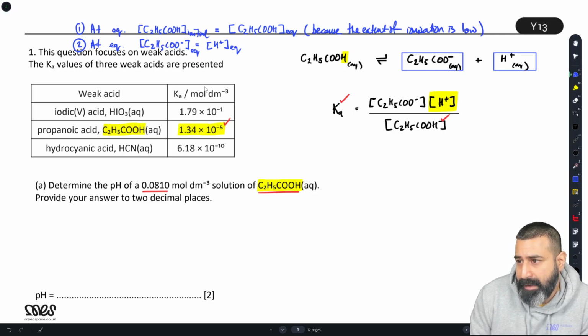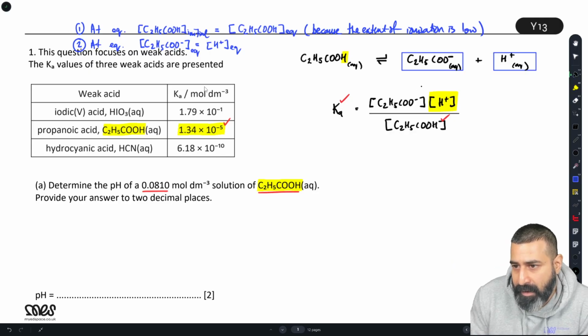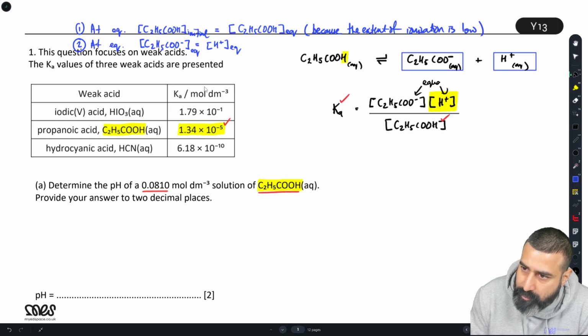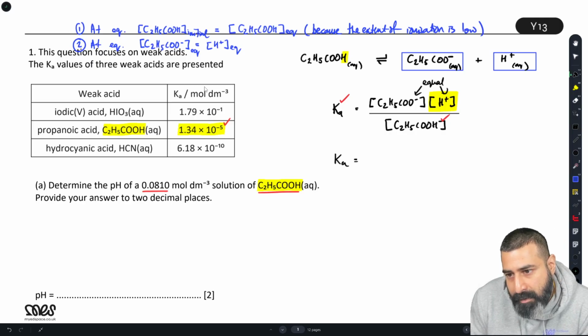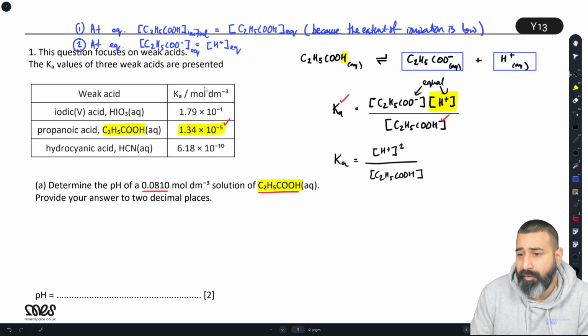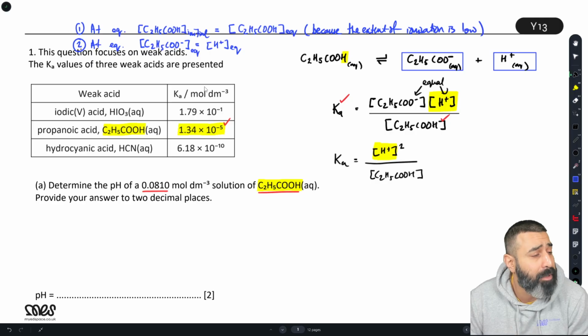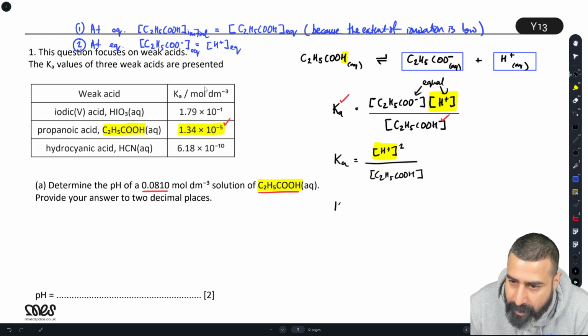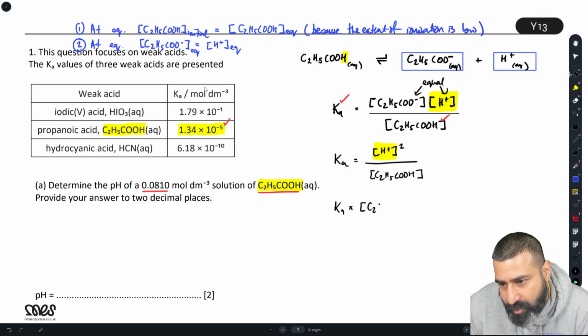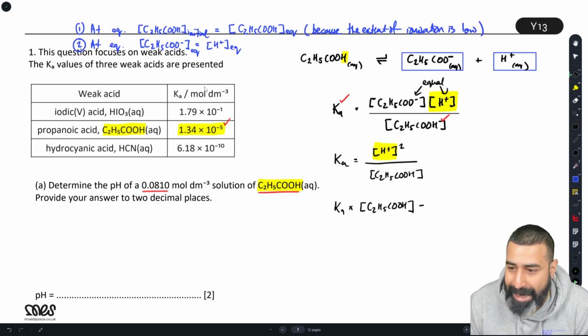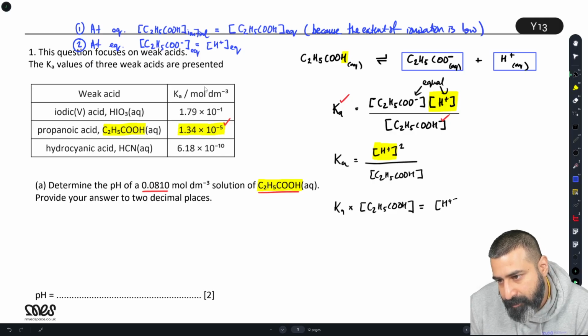Good assumptions, because that helps us out here. So what we can do is let's rewrite Ka if these guys are equal. So we can rewrite Ka as H plus squared all over the concentration of the propanoic acid. Okay, now what we can do is rearrange for my unknown, which is H plus. So I'm going to multiply both sides by the denominator term. So this becomes Ka times the concentration of the propanoic acid, which is equal to H plus squared.